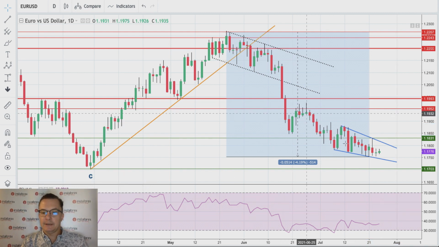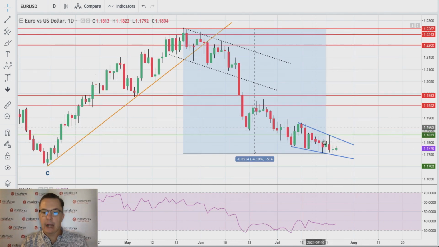So please remember that if this is the ending diagonal, we might have a breakout out of this diagonal towards the north side, so towards 1.1952, 1.1993, which are apparently two key technical resistances for bulls in the near term.